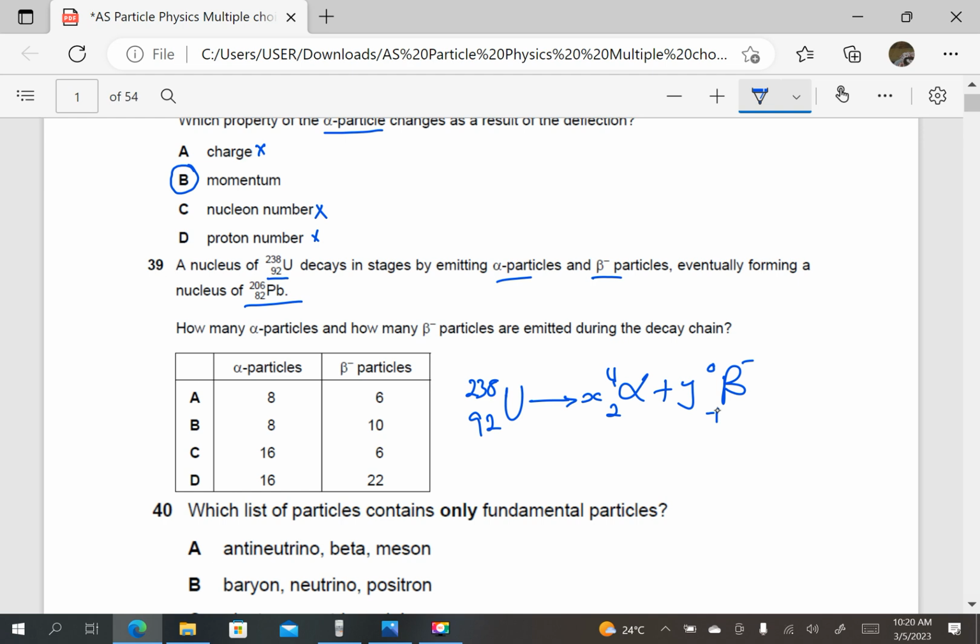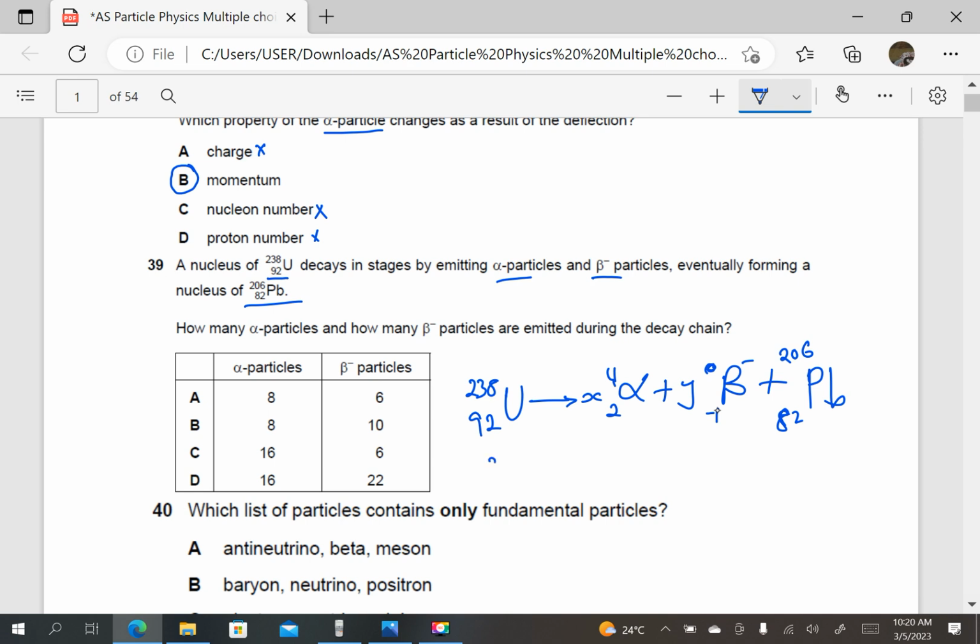So what determines these particles? Note that the nucleon number of lead, 206-82, is not determined by how many beta particles are emitted. The nucleon number of lead is only determined by the number of alpha particles.